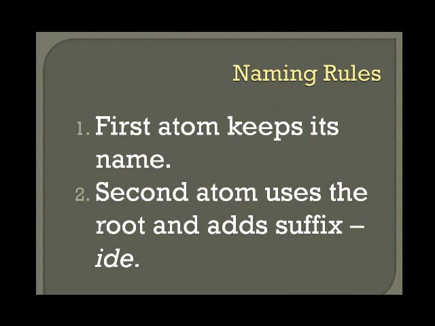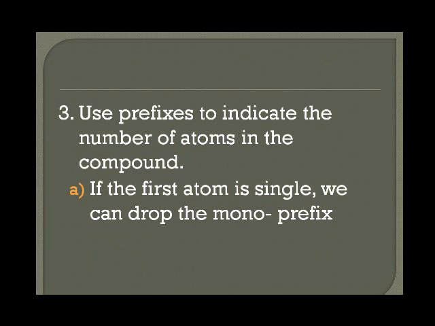So these two rules are essentially the same as for an ionic compound. So where does the difference come in? It comes in that we use prefixes to indicate the number of atoms present in a compound. If we only have one atom of our first element, we're not going to use a prefix.